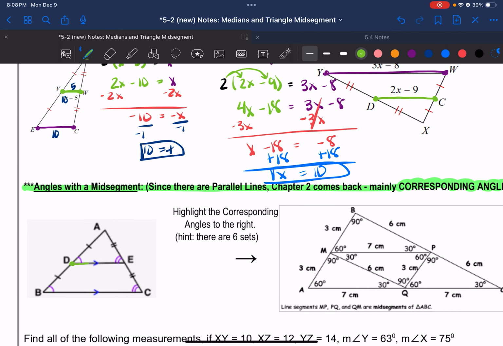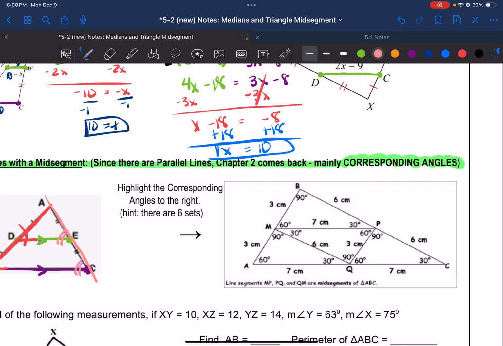If I have DE as the mid-segment and BC as the side of the triangle, those are parallel, and then I have this transversal AC or AB, then angles ADE and DBC are congruent by corresponding. And if I have this transversal, then AED and ACB are congruent.